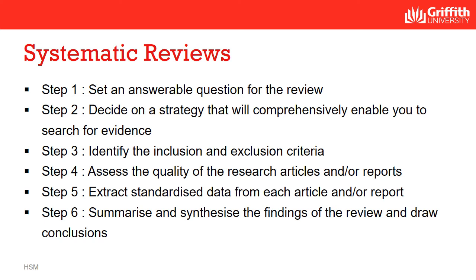So what studies will you include and what studies will be excluded? The next step is to assess the quality of the research articles and/or reports. A systematic review will then normally extract standardized data from each article and/or report, summarize and synthesize the findings of the review, and draw conclusions.